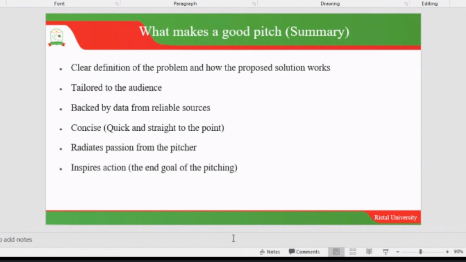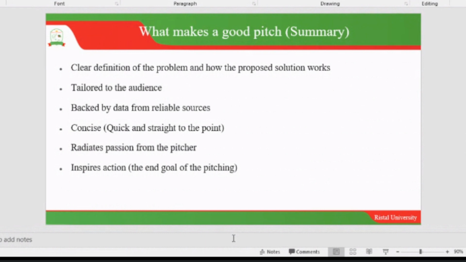And we said that you could reach a point where you can present your idea in less than 1 minute, or what we call the elevator pitch. Then you should radiate passion while pitching. Okay, show that you really are into solving this problem.